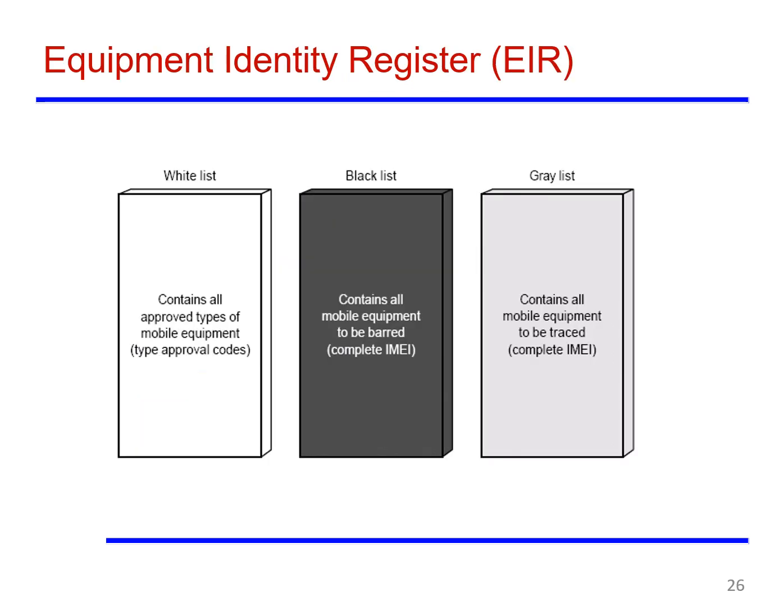Now coming to the Equipment Identity Register. It is used to validate the IMEI of a handset, the International Mobile Equipment Identity. If a handset is complained about and reported stolen, it is put under a blacklist, and once the IMEI is put under the blacklist, that handset will not work in that particular network.